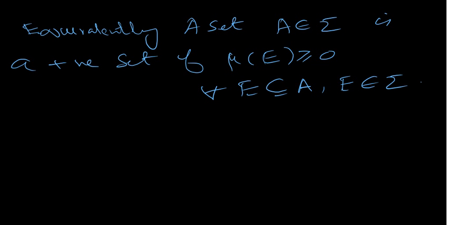So in particular mu of A must be greater or equal to 0 because A is also a subset of A. And similarly we can define negative set also. So what's a negative set?